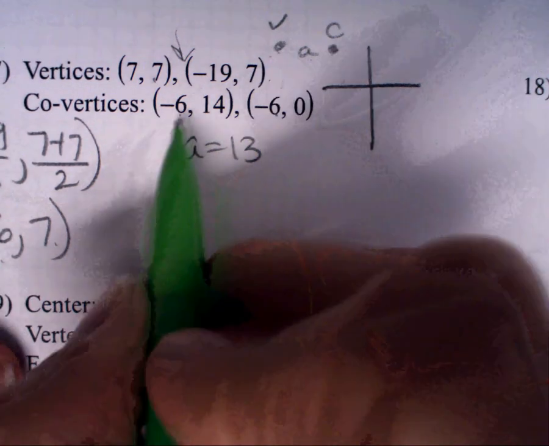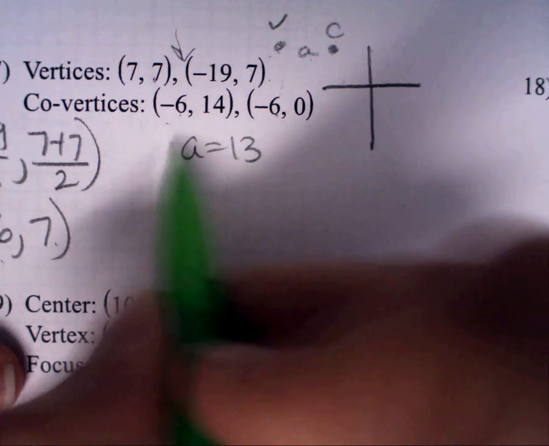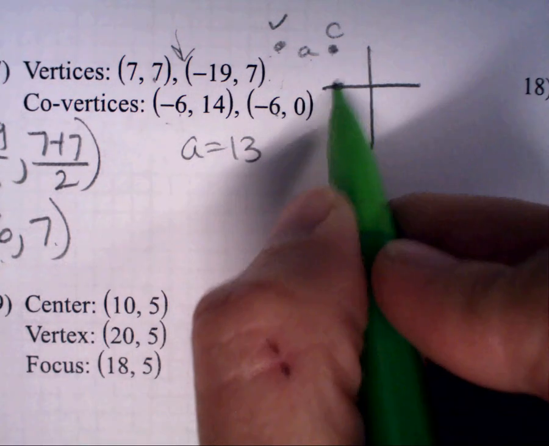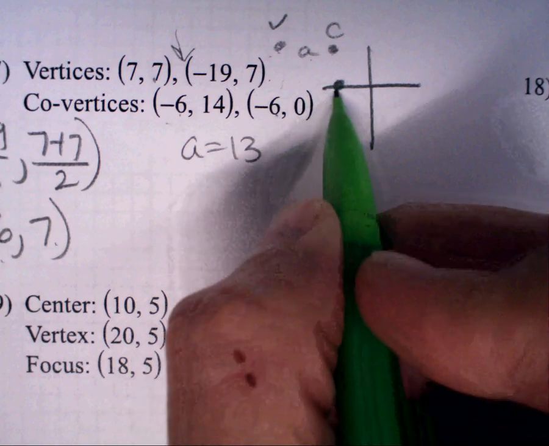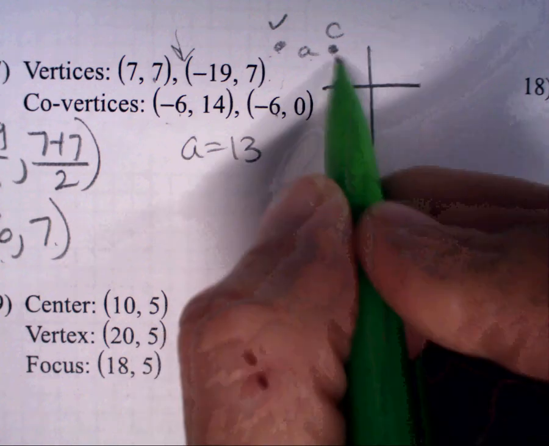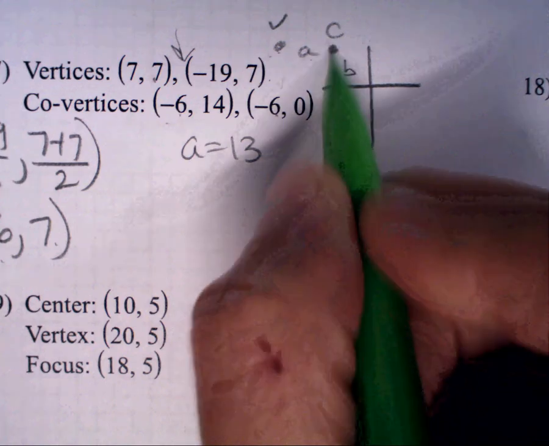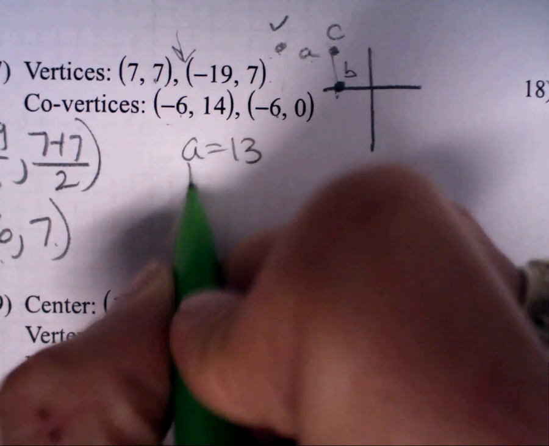Then b comes from your co-vertices. Your b is the distance from your center to one of your co-vertices. One of my co-vertices is at negative 6, 0. That means from here to here is my b, and that's 7. So b equals 7.